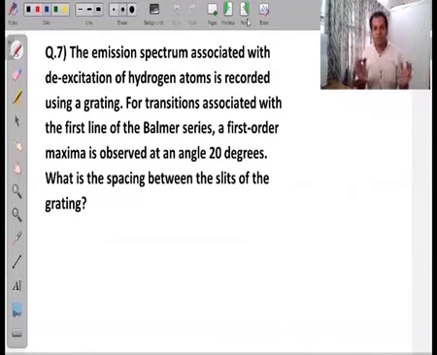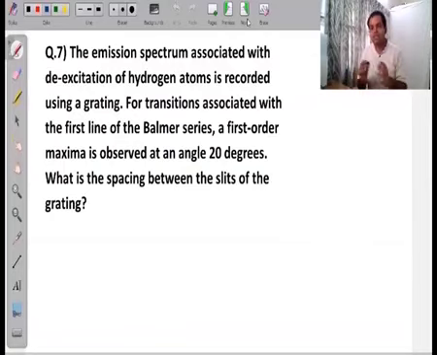The question has two parts. In the first part, we just have to find what is the wavelength involved, because this is the first line of the Balmer series. Then this light is incident, and we observe a first order maxima at a certain angle. And then we are required to find what is the spacing between the slits of the grating, which gives us this maxima.